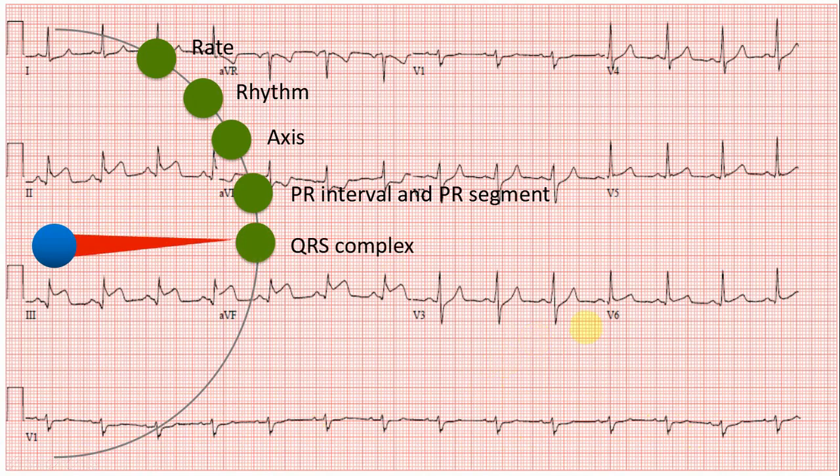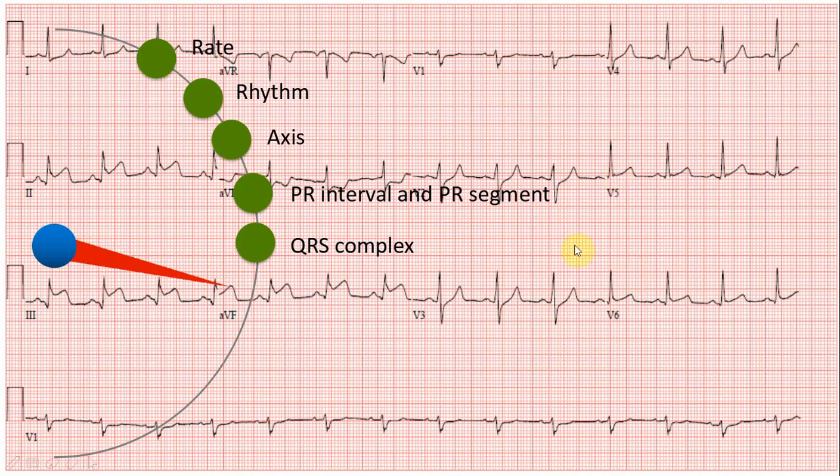Look at the QRS complex. The QRS complexes are pretty narrow, and the width of the QRS complex is probably about 2 smaller squares, which is about 80 milliseconds, which is fine. It's normal. There is no right bundle branch block or left bundle branch block.